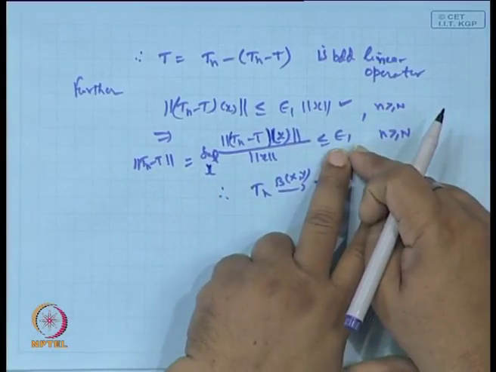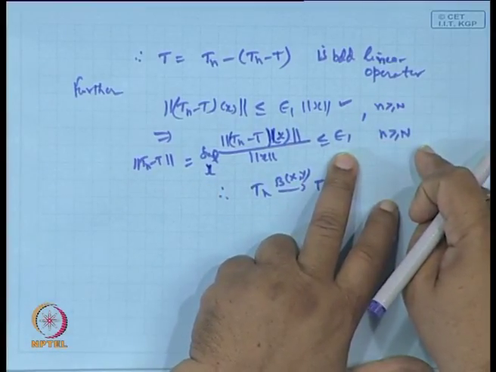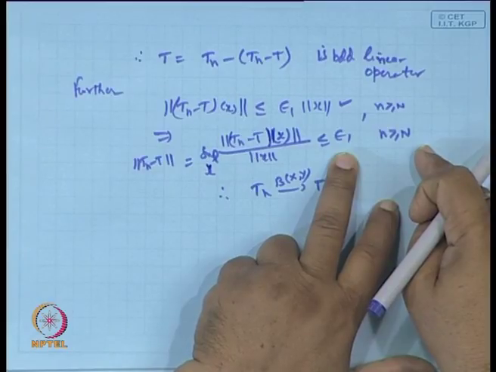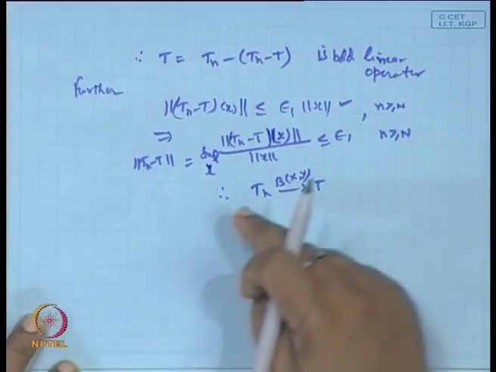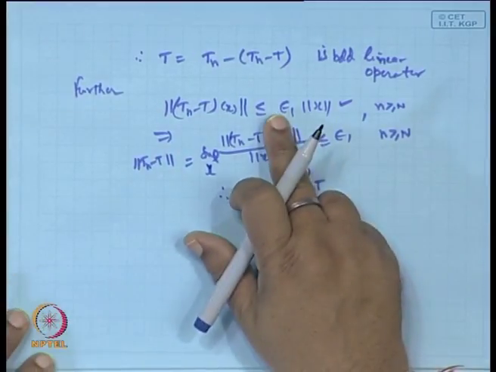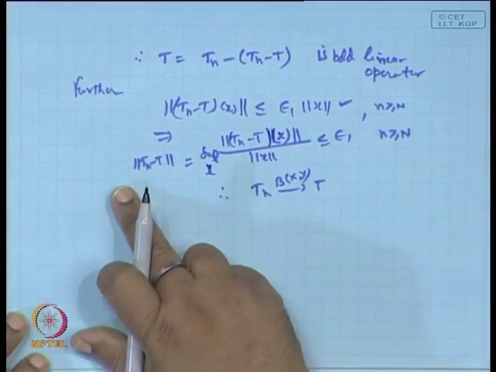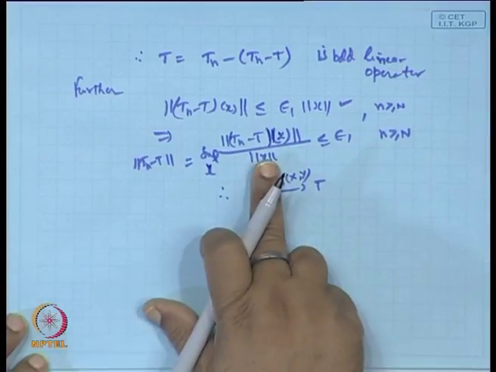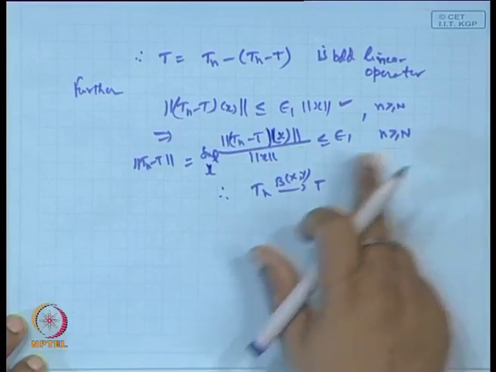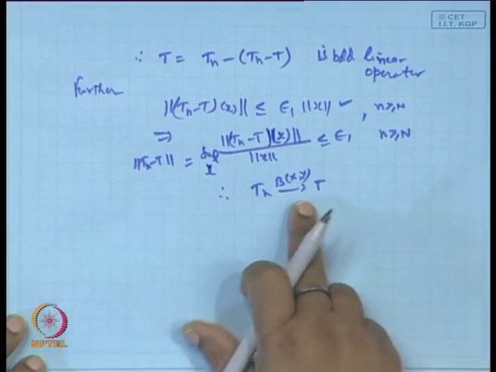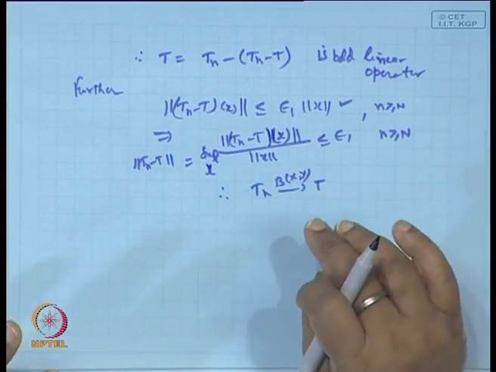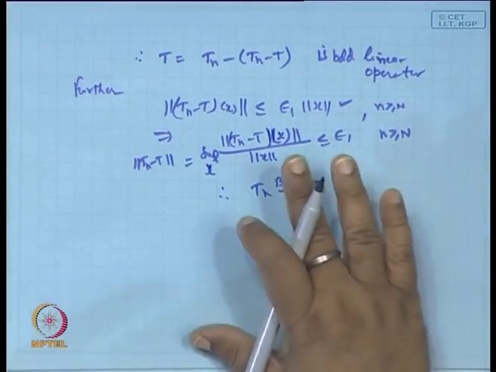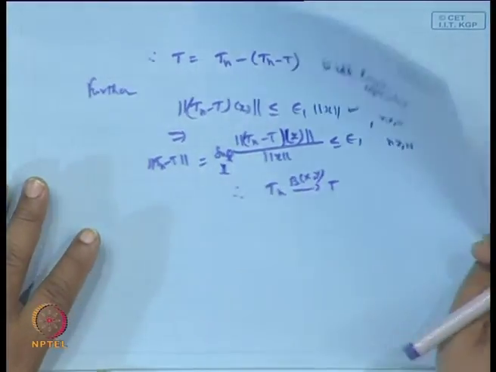Now, this is less than or equal to epsilon when n is greater than or equal to N. So this is by definition, because norm of T is the supremum of norm Tx over norm x. So this is equal to this, which is less than epsilon. So this shows when n is sufficiently large, Tn will go to T. Therefore, Tn converges in the norm. Okay? Clear? So this completes the proof.